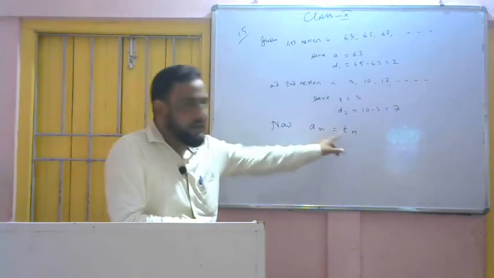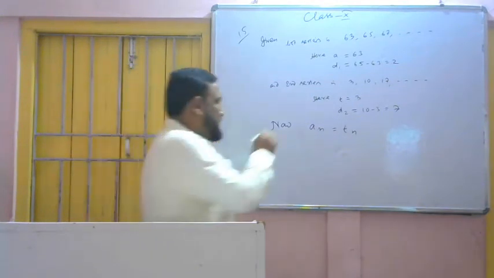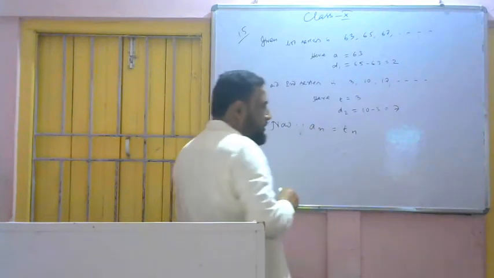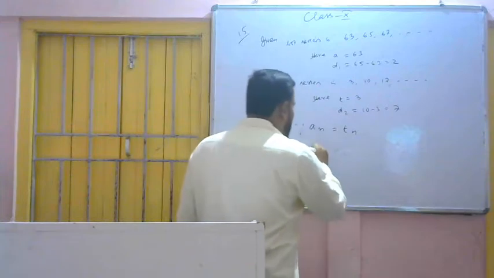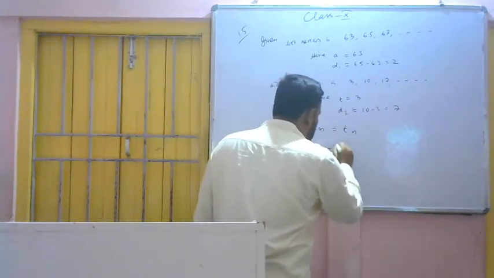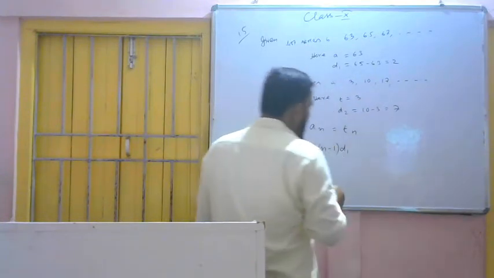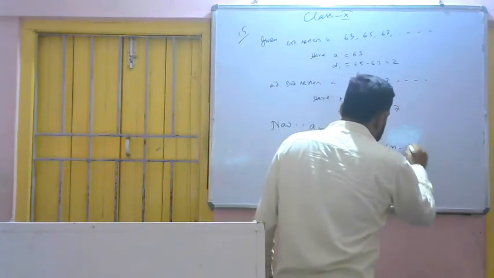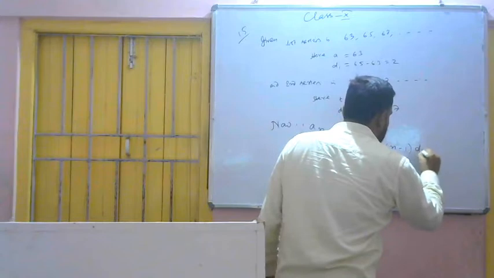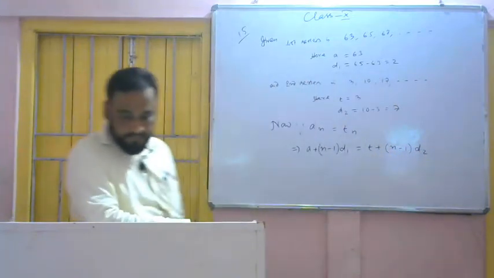An is equal to tn, it is given in the question. Now, since an is equal to tn, put the formula of an: a plus (n minus 1) into d1 is equal to t plus (n minus 1) into d2. Okay?